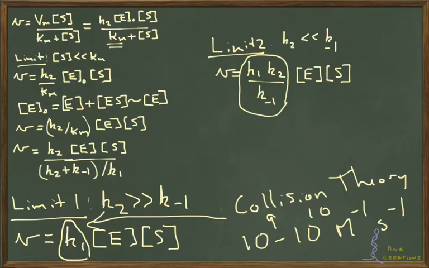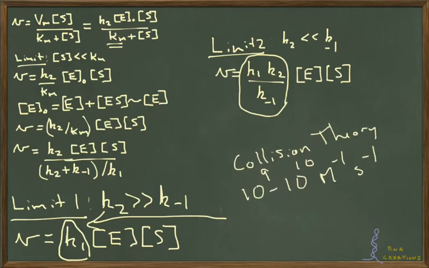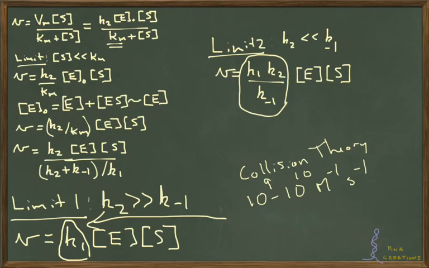But in practice, and it depends on the details, at least in RNA, and I think in a lot of enzymes, it tends to be more on the order of 10 to the 6th to 10 to the 7th.